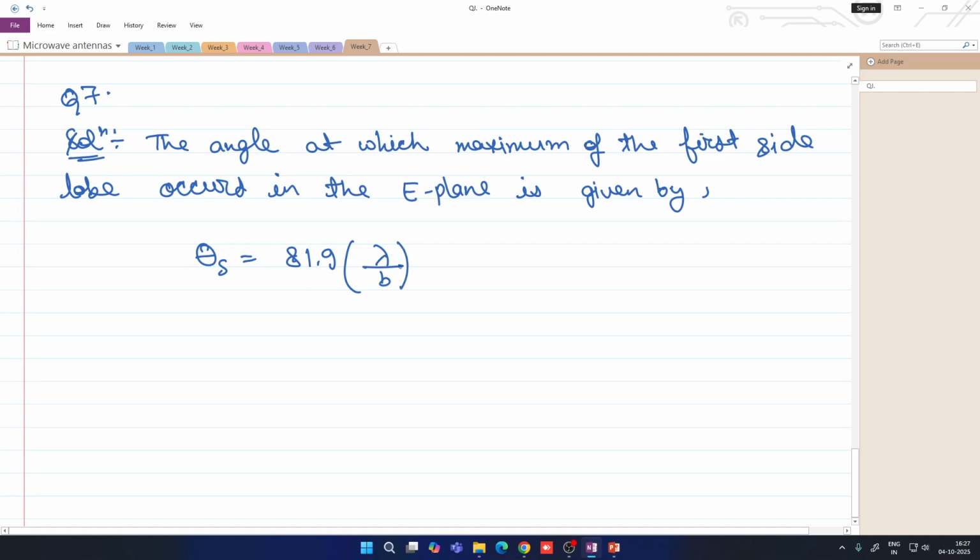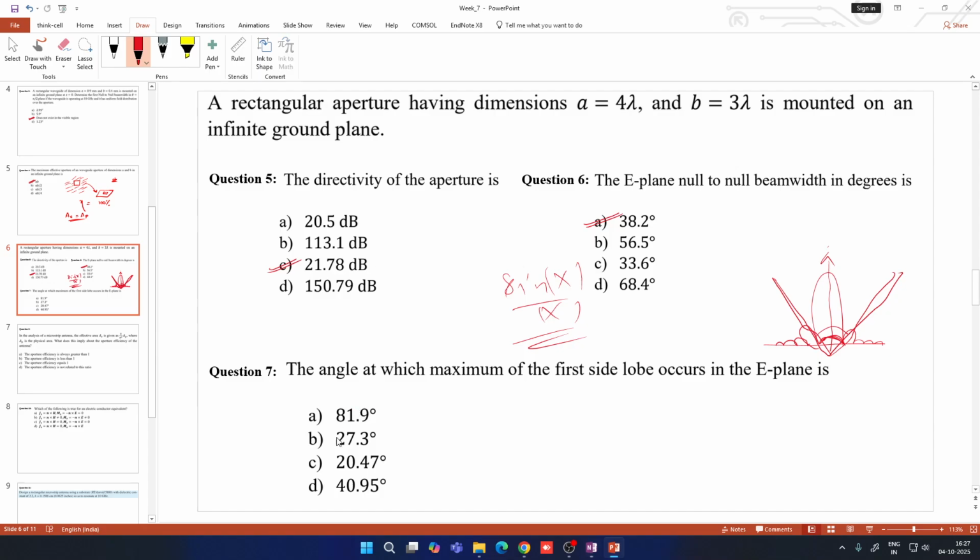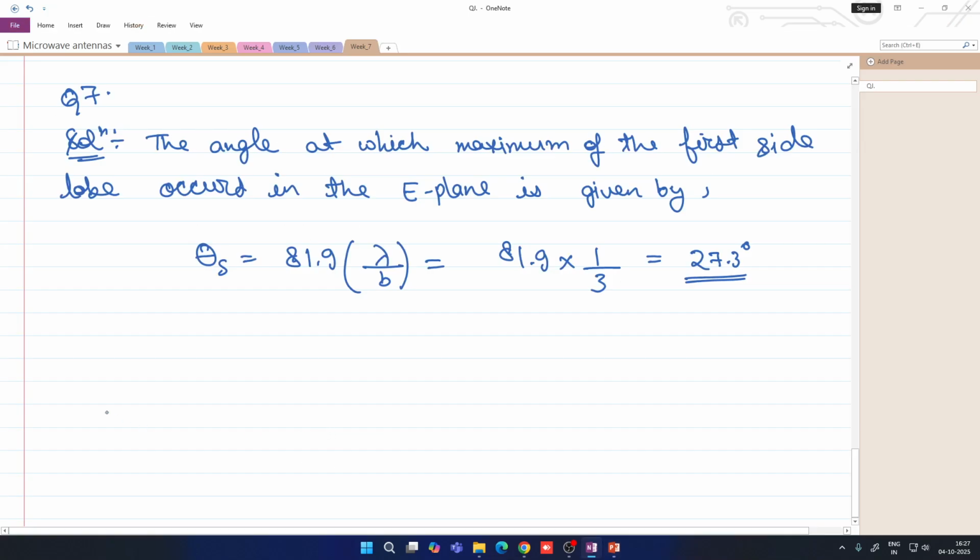This formula is for the angle in degrees. So 81.9 into 1 by 3, because b is 3 lambda, and when we divide this we will get 27.3 degrees. So the correct option is B, 27.3.